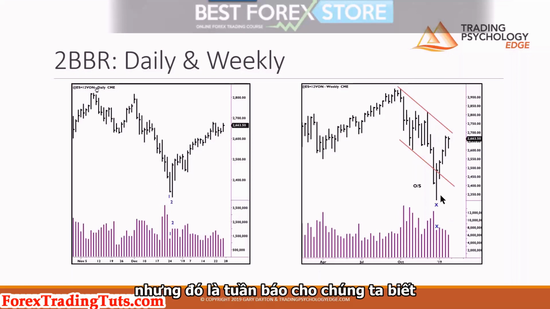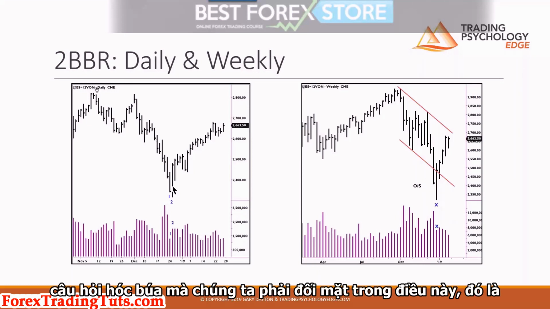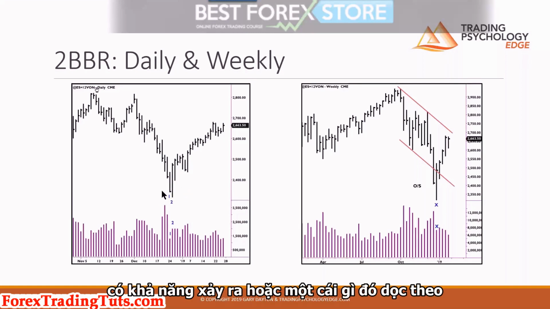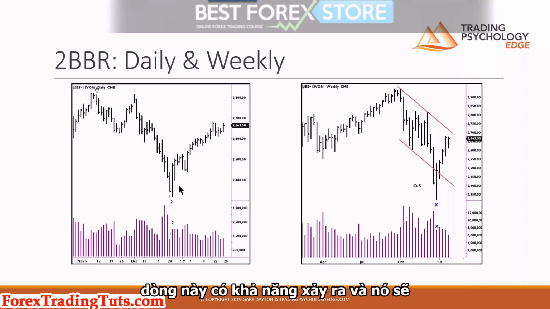But it's the weekly that tells us that here's the conundrum that we face in this. It's the weekly that tells us this kind of setup is likely to occur, or something along this line is likely to occur, and it will be good. And it's this setup that tells us that this is actually true.